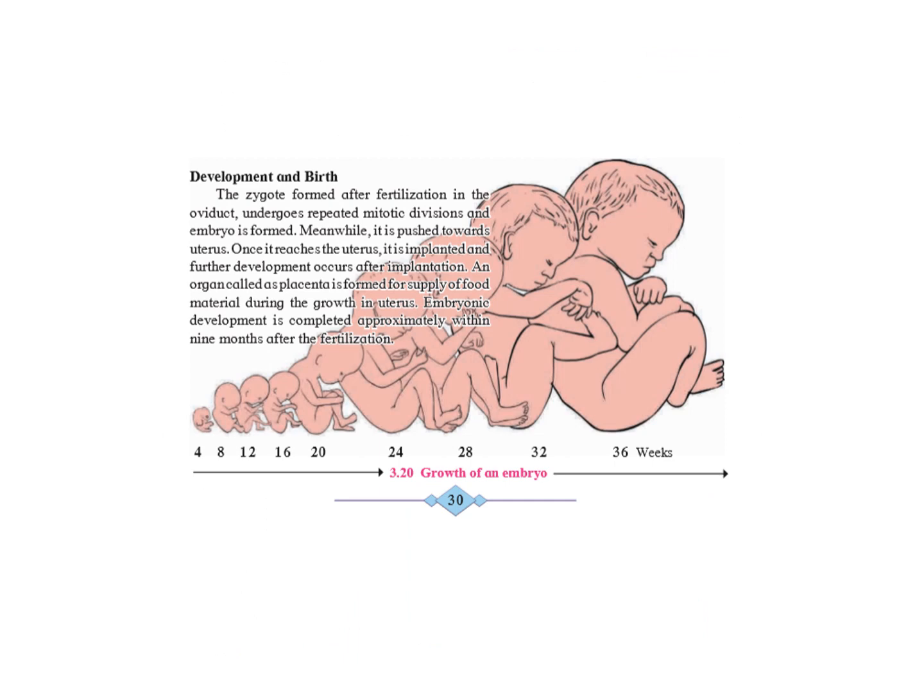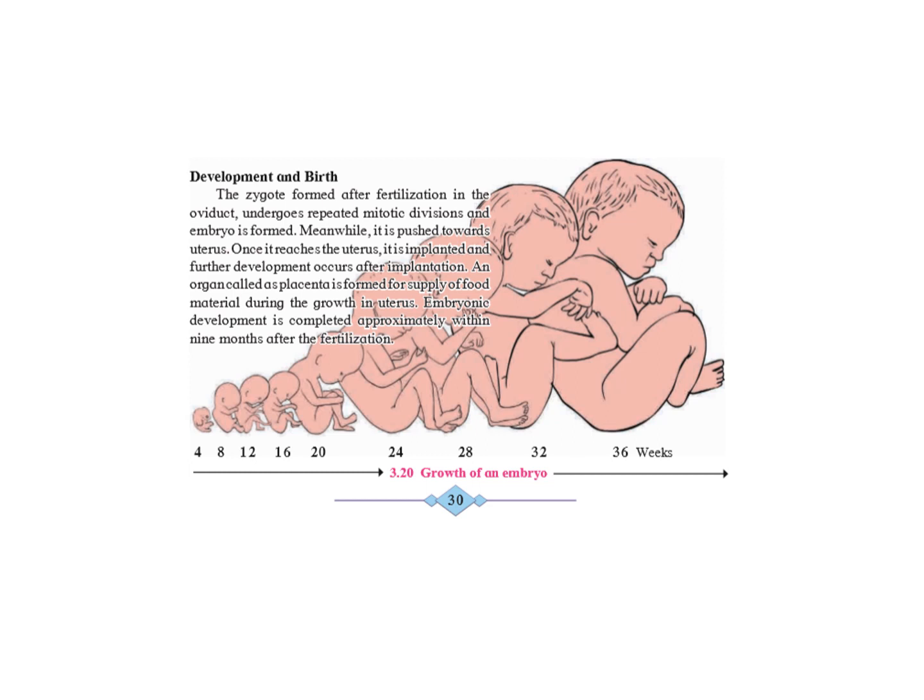So we saw about gamete formation and about fertilization. What happens to the zygote after fertilization? The zygote that was formed after fertilization in the oviduct undergoes continuous repeated mitotic division and slowly an embryo is formed. Meanwhile, it is pushed towards the uterus.